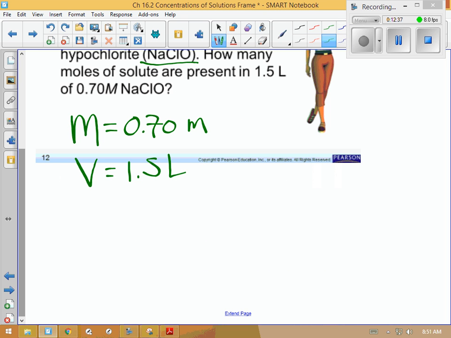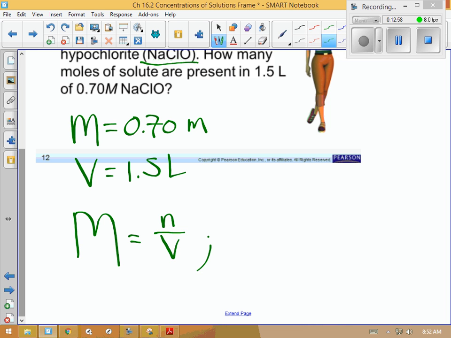And if our equation is that molarity equals moles over volume, moles over liter, I'm just going to leave it like this. How do we solve for moles, the n? What do we have to do to this equation?